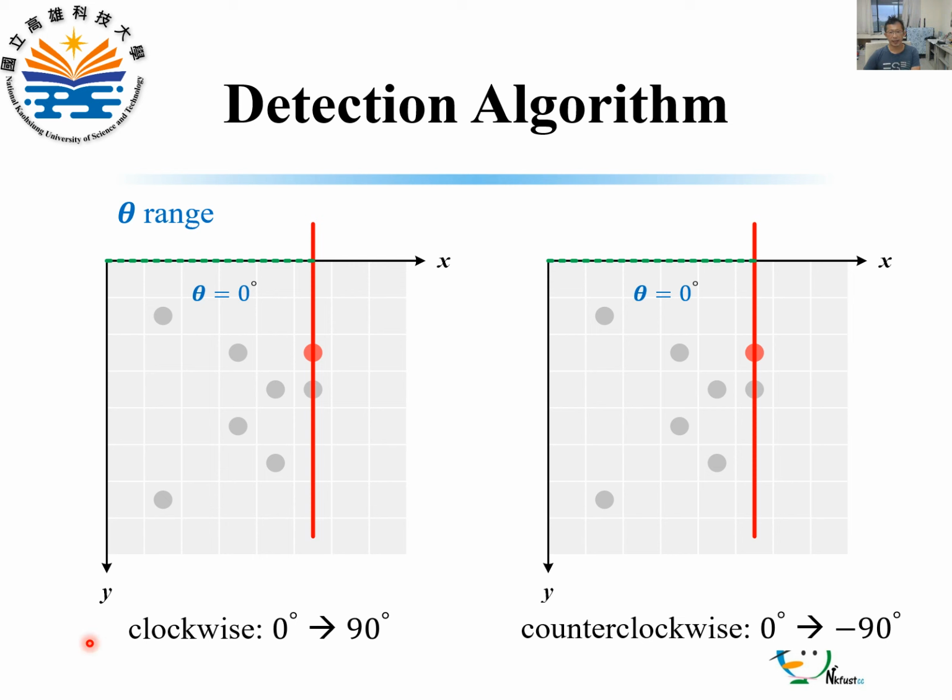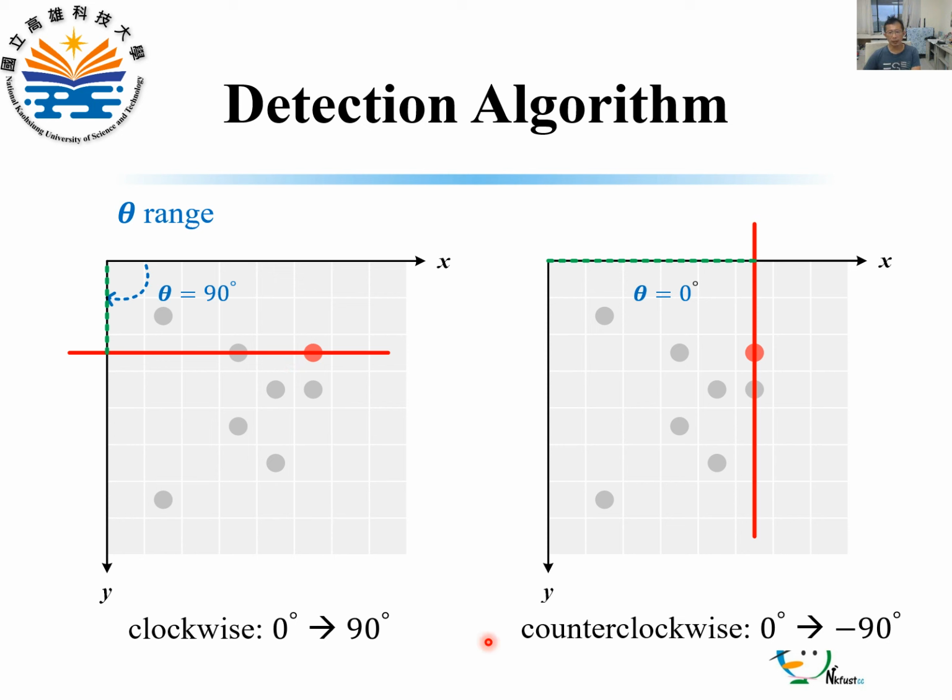The range of theta in the clockwise direction is from 0 to 90 degrees. Take this red point as an example. Theta is 0 in the case of the vertical line passing this point. Theta is 45 degrees in this case. Theta is 90 degrees when the line becomes horizontal.